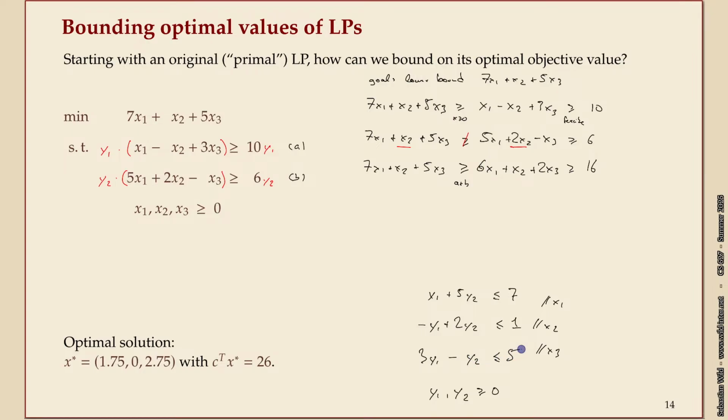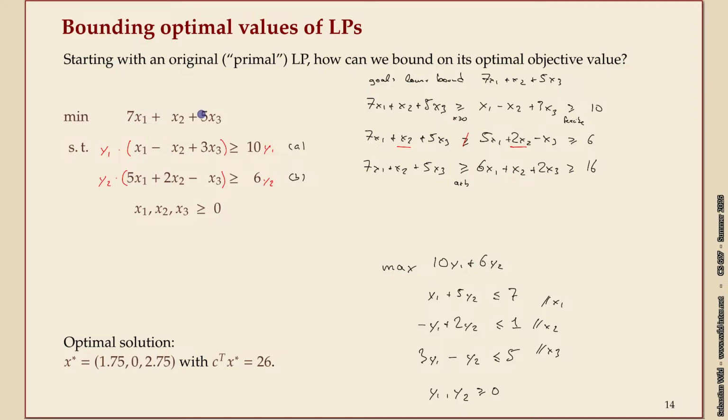And what's the lower bound I get from the linear combination? It's going to be 10y1 plus 6y2. I can pick any such y's, and I might as well pick the highest lower bound. That's the best I get. Is the process clear? And see how this, just by the numbers, nicely corresponds to working superficially on the LPs.